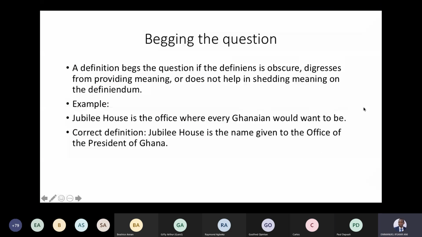Yeah, but does it present a subset of the meaning of Jubilee House as the meaning of Jubilee House? No, sir. That's how you know a narrow definition. A narrow definition provides a subset of Jubilee House as the meaning of Jubilee House. Okay, sir.